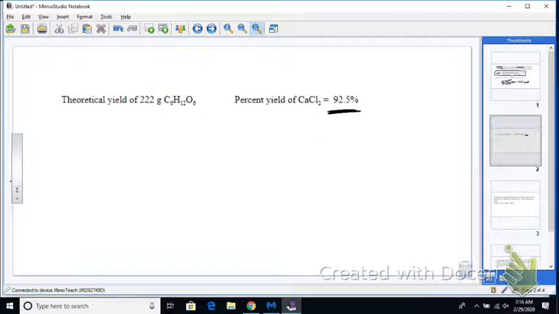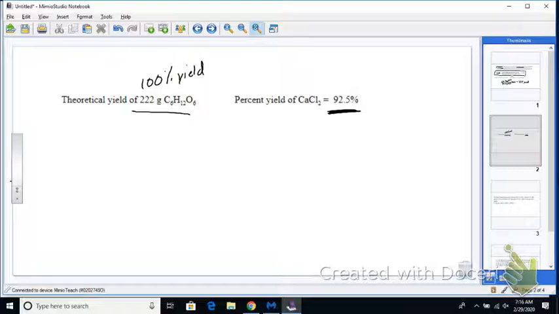Just because of the way the reactants react, that's all it can make. So our theoretical yield is 100%. Theoretical yield is always 100% yield, but we're only making 92.5. How can we set up our problem to solve for that?